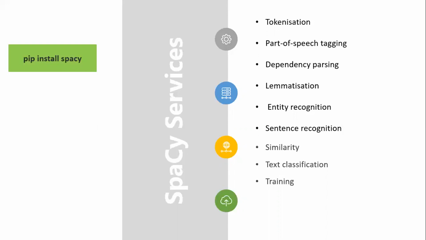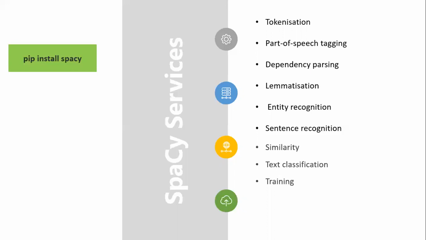Named entity recognition, labeling named real world objects like persons, companies, and locations, comes under this category. Sentence recognition. Similarity. Similarity is comparing words, text spans, and documents to each other and figuring out how similar they actually are. Text classification, assigning categories or labels to a whole document or parts of documents.